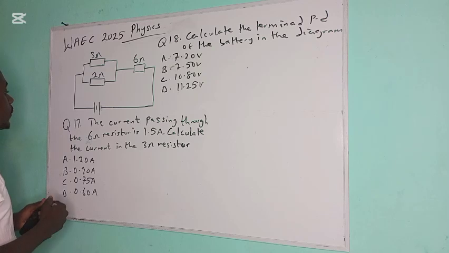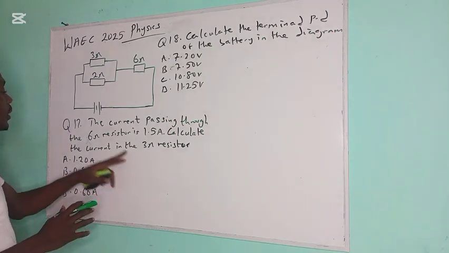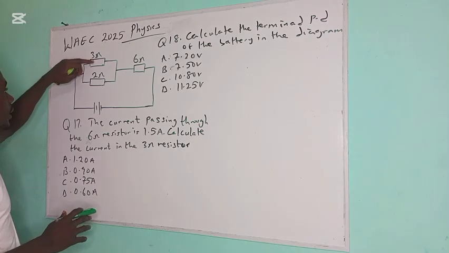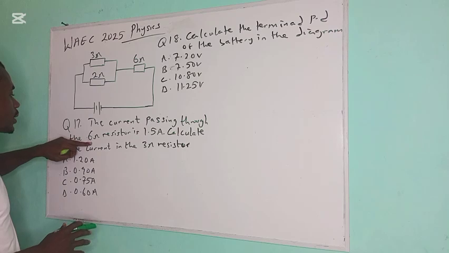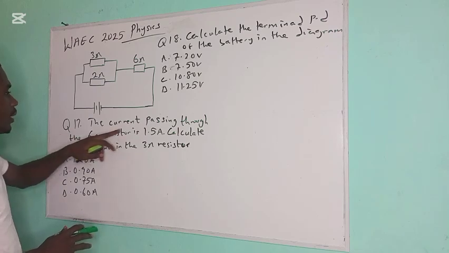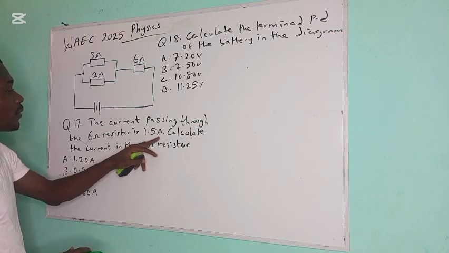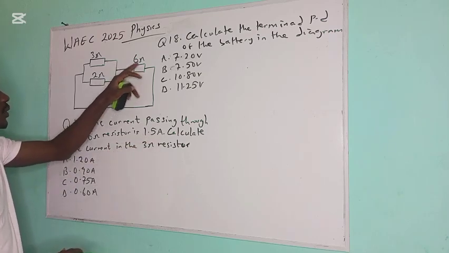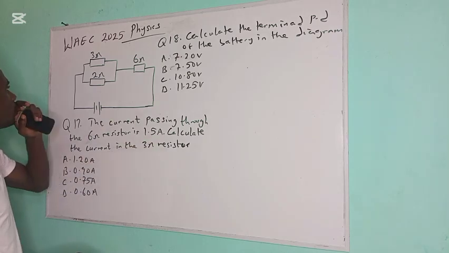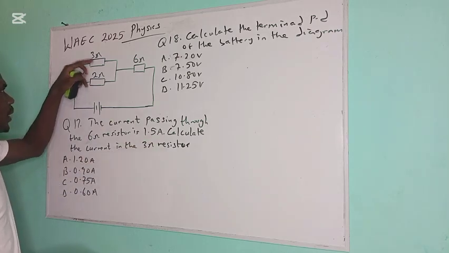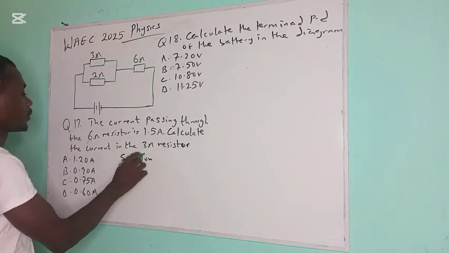So the first thing we need to do: the question says calculate the current here, and the question already tells us that the current passing through the 6 ohm resistor is 1.5 amperes. Now, how do we know the current that passes here? First and foremost, solution.